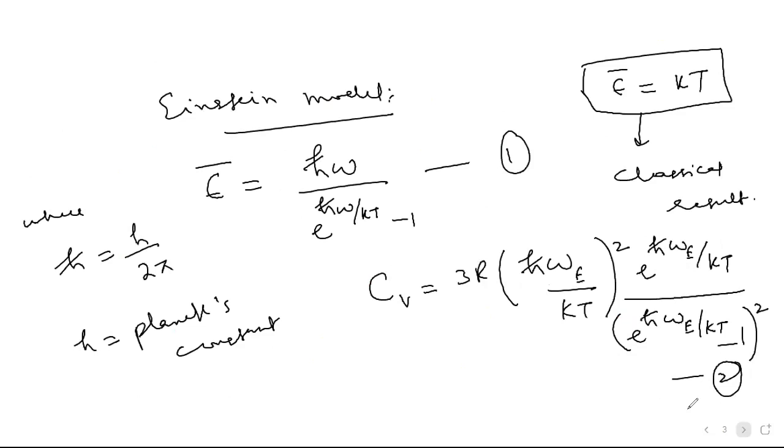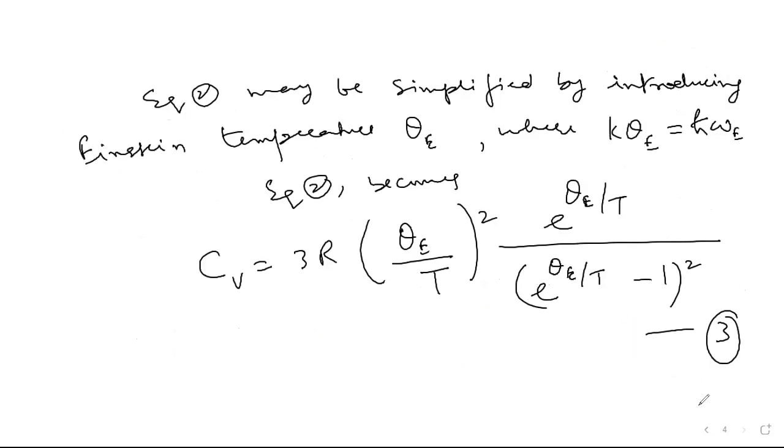Then what is the issue with Einstein's model? From this equation, we can see qualitatively that theory is in agreement with experiment over the entire temperature range. In particular, from equation 3, Cv approaches 0 as T approaches 0 Kelvin, a new and important feature which was lacking in the classical theory.